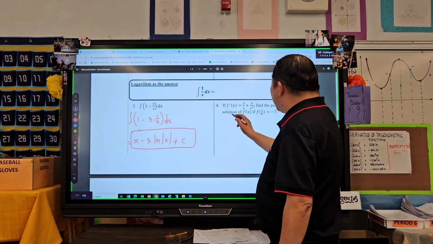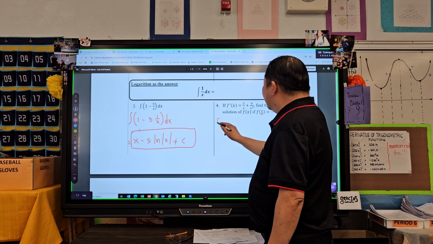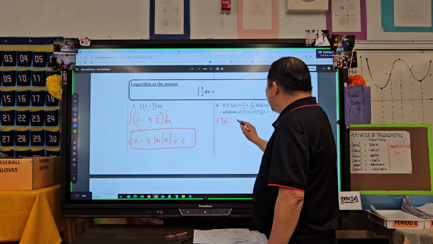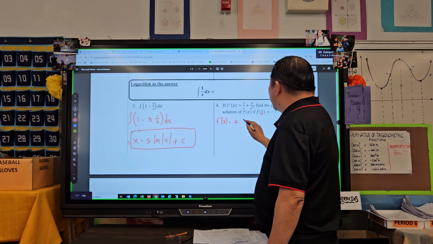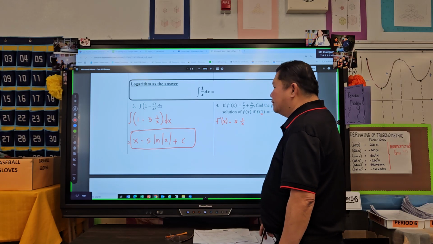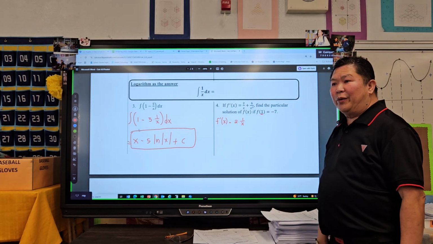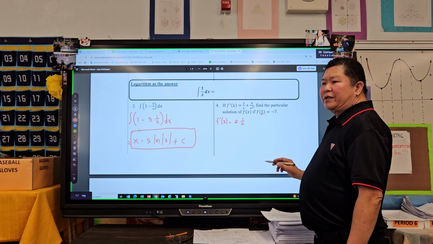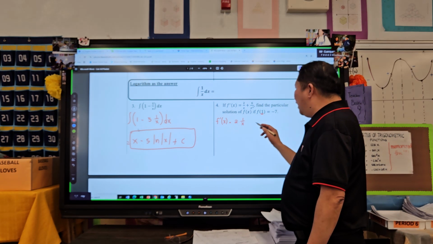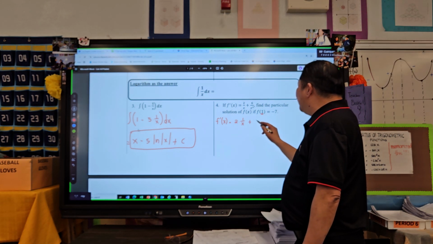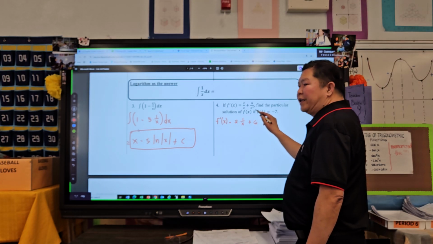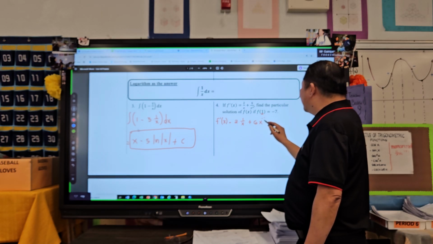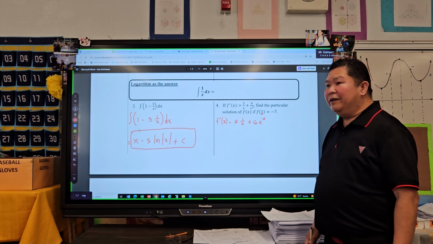Okay, let's have f prime of x equal to, can I write 2 times 1 over x? So you can see right away that it's natural logarithm. How about 6 over x to the power of 2? We can also rewrite this by bringing the x squared up, which means negative 2.